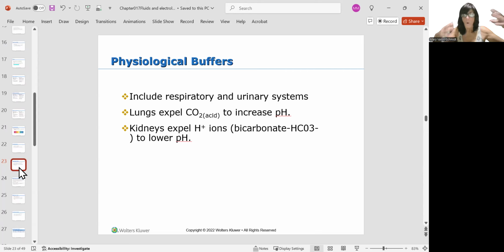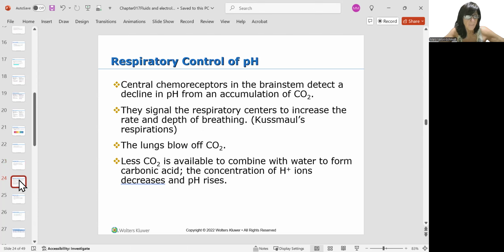Parts of our body control that acid-base balance. Your lungs control carbon dioxide, which is an acid. Your kidneys control bicarbonate, which is an alkaline, okay? So your lungs and your kidneys, respiratory and urinary systems, basically are the buffers that control and balance the acid-base balance of your blood, okay?